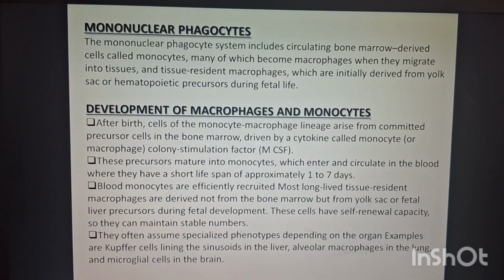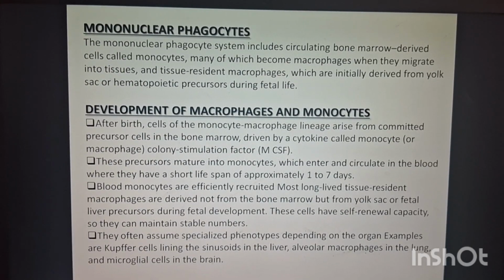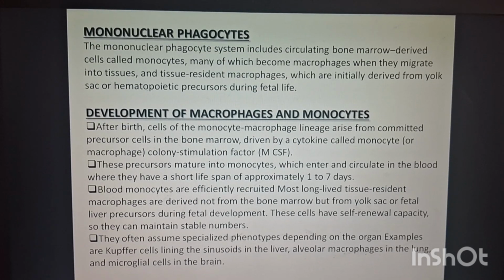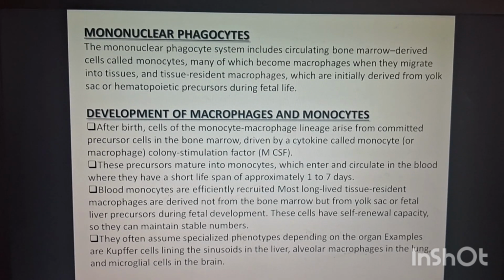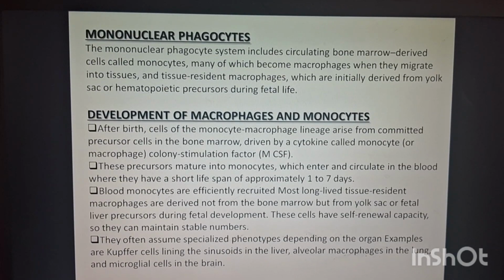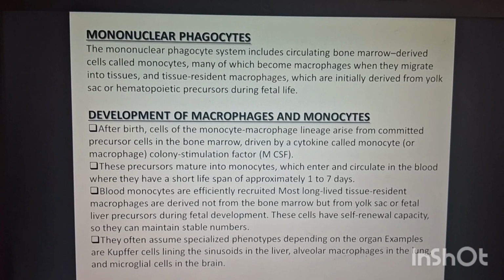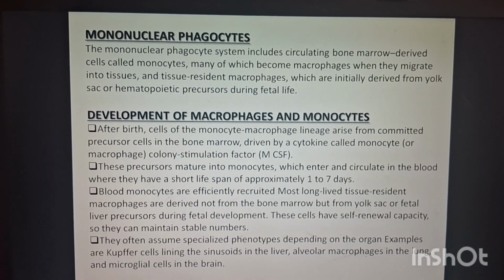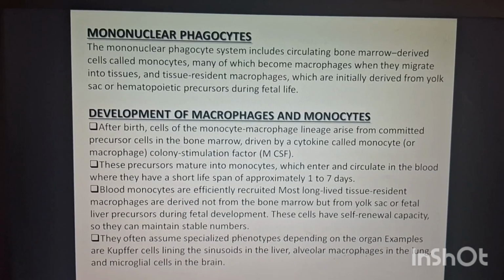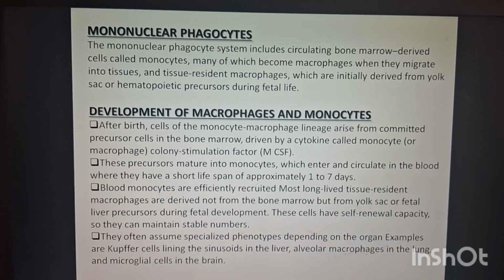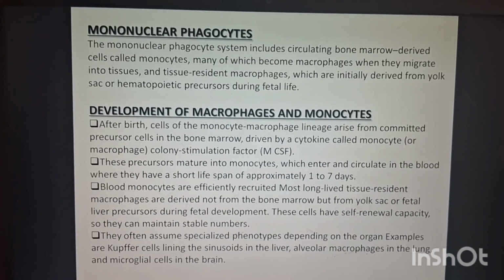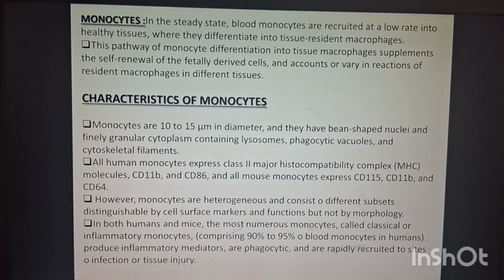Next pathway is specialized tissue, and this pathway is also called the self-renewal pathway. The specialized tissue macrophages are Kupffer cells, alveolar macrophages in the lung and microglial cells in the brain. So, they often assume specialized phenotypes depending on the organs. Examples are Kupffer cells lining the sinusoids in the liver, alveolar macrophages in the lung and microglial cells in the brain.